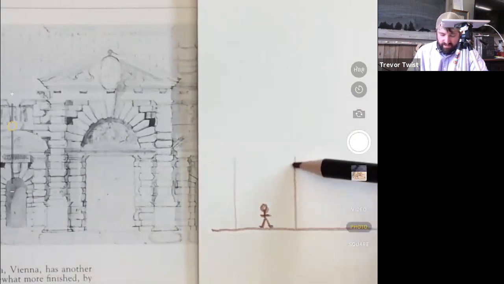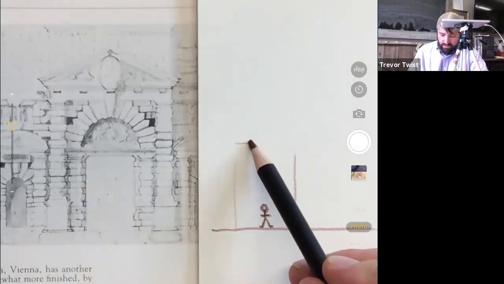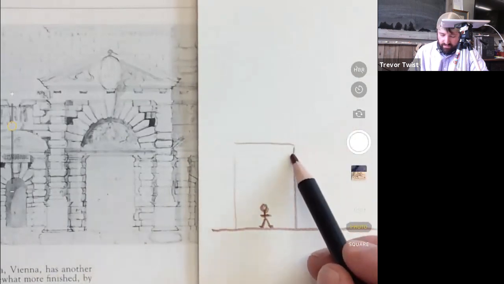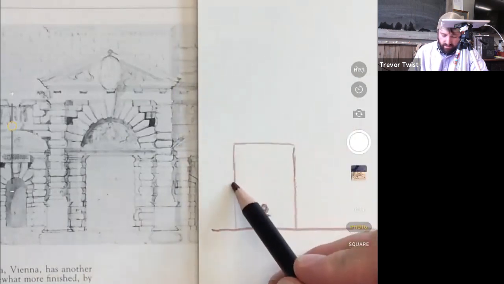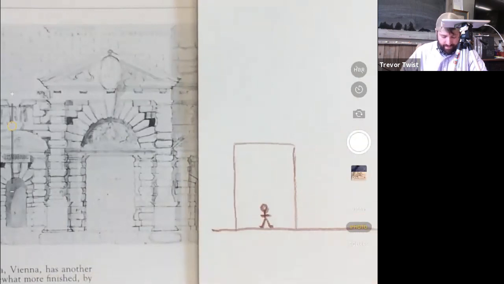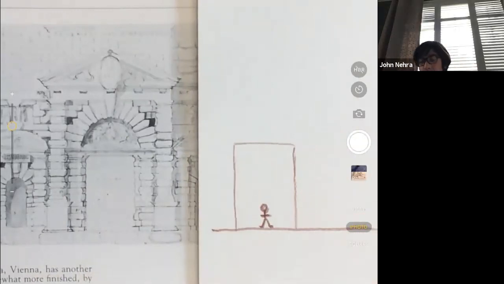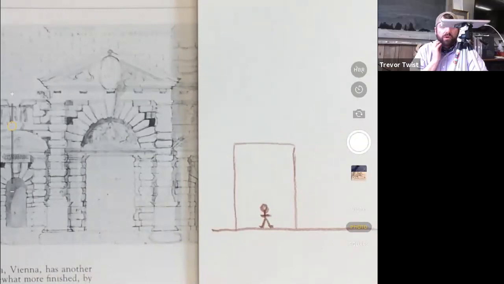So this is essentially the door that we're trying to build a space for. Follow me? Yeah, I follow you. Cool. So we need to basically build walls or columns on either side. And this is kind of a fancy decoration. We're not going to do it exactly right.